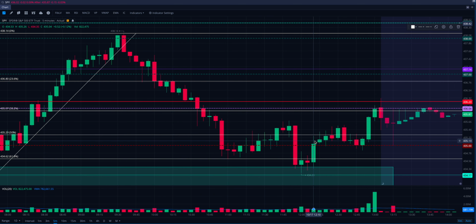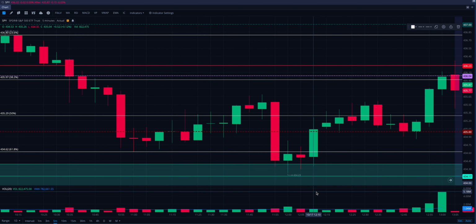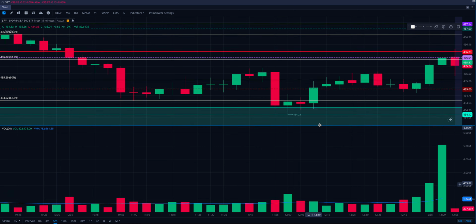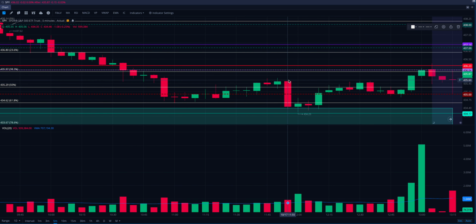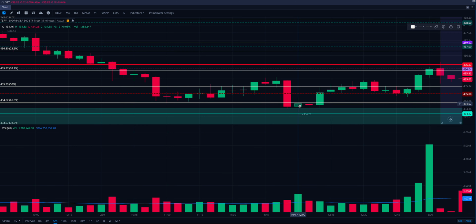But what happened was, if you zoom in, and I don't know why the volume looks so small here, but I'll zoom in. You can see that we just got this big sell, big stick, and it was on increased volume from several candles before it. But then we get even more volume on this green bullish doji compression candle, right?